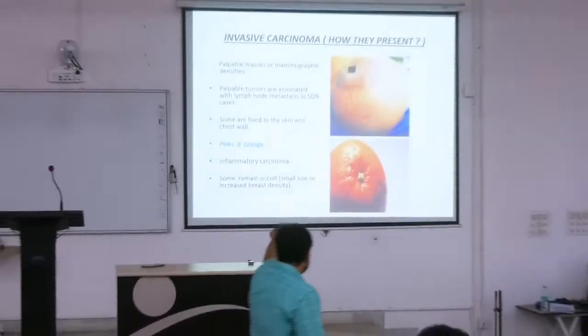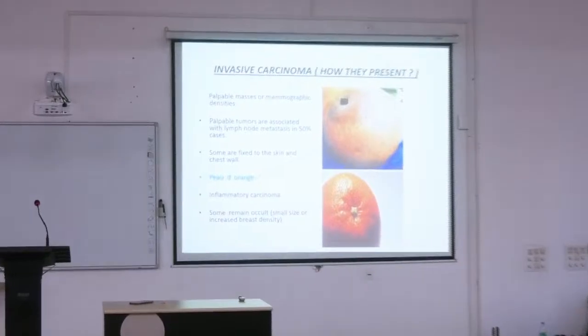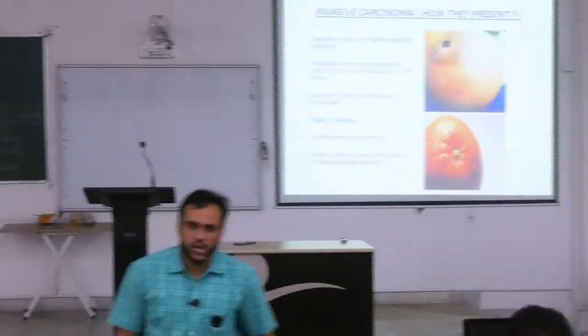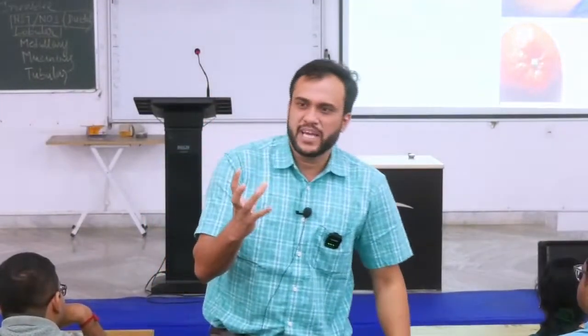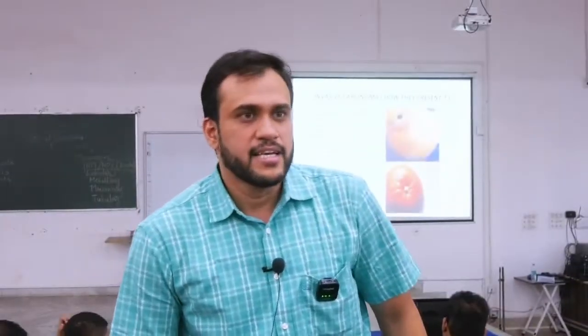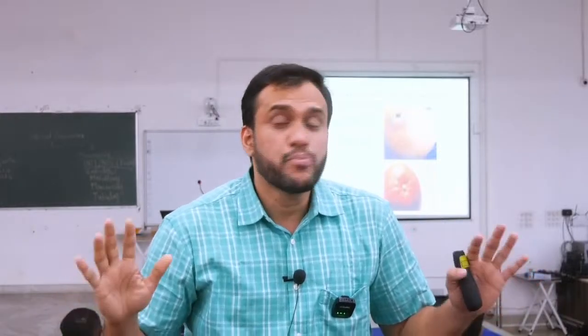They give the breast an appearance like the peel of an orange, like the rough skin of an orange. Some tumors may be big enough to attach themselves with the help of Cooper's ligament to the underlying skin, giving the appearance of a peel of an orange. That particular term is peau d'orange appearance.